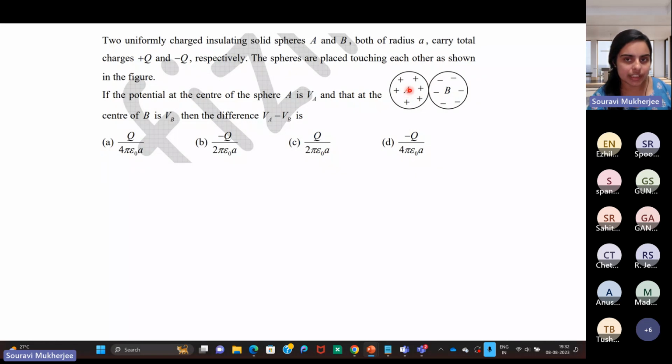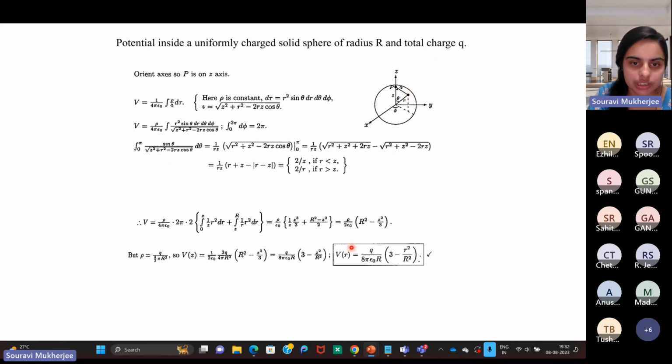And when you find VA, you would be having contributions from this sphere as well as from this sphere. Again, when you are finding VB, you have contributions from this sphere as well as from this sphere. So can you tell me what would be the expression for VA? There you have to use this relation that we just obtained.